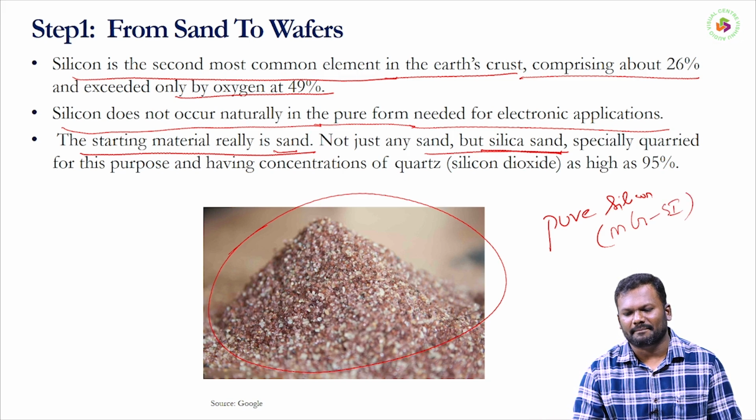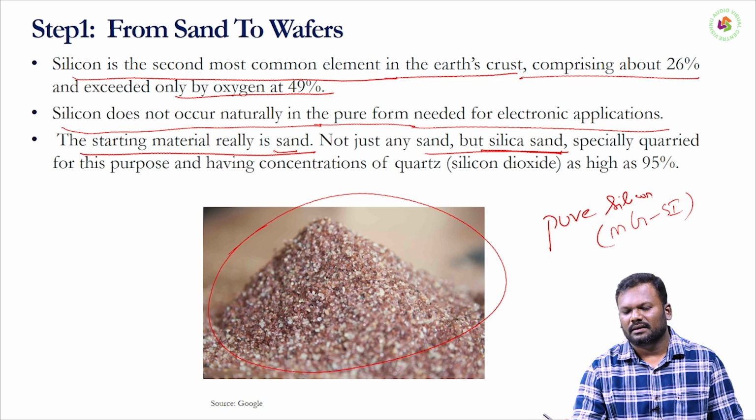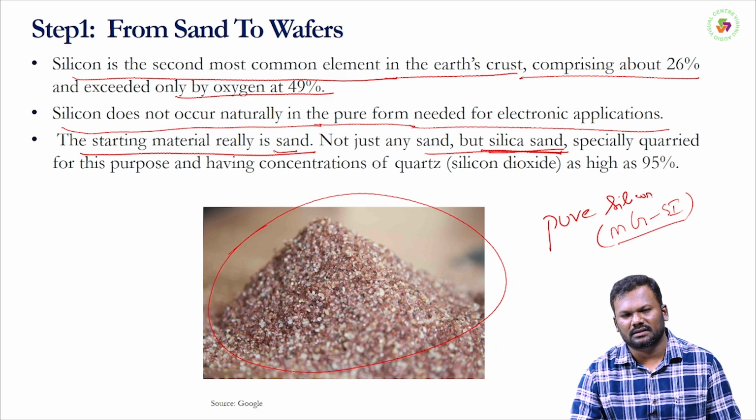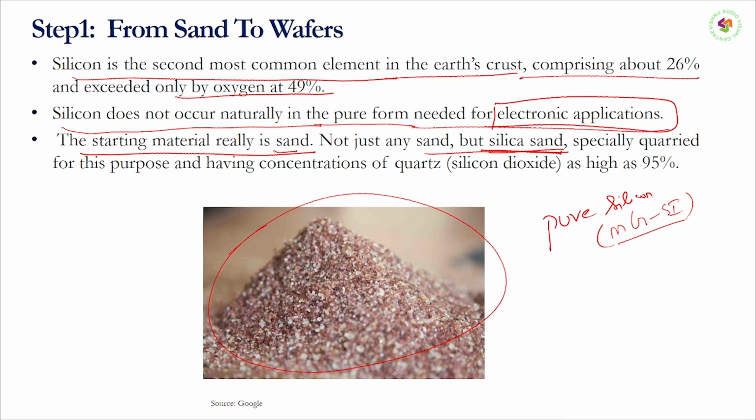This metal graded silicon is not used for the fabrication of electronic applications. Next, this metal graded silicon is converted into electronic graded silicon, which is ultra pure.